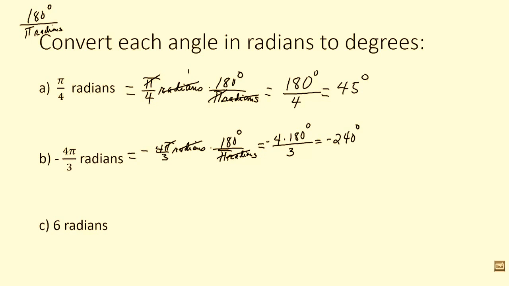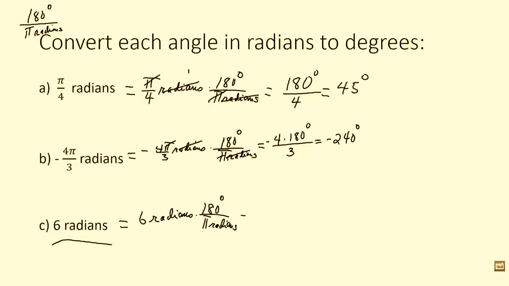In the next example, let's convert 6 radians to degrees. So we have 6 radians times 180 degrees divided by pi radians.